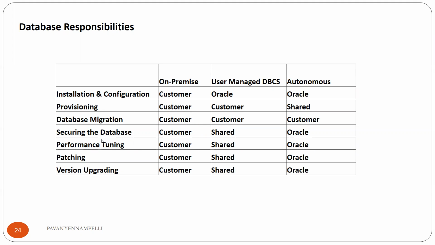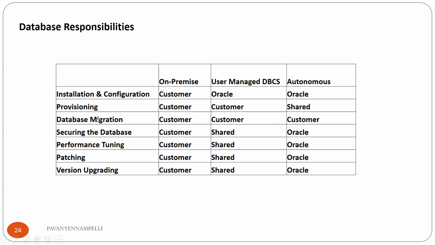Next, coming to provisioning of the database: in the on-premise model, it belongs to the customer, in the Oracle user managed database system, it is a customer responsibility, and in autonomous it's a shared responsibility.